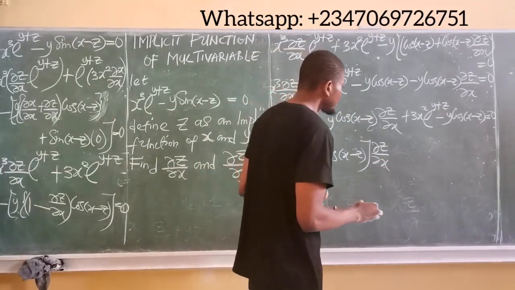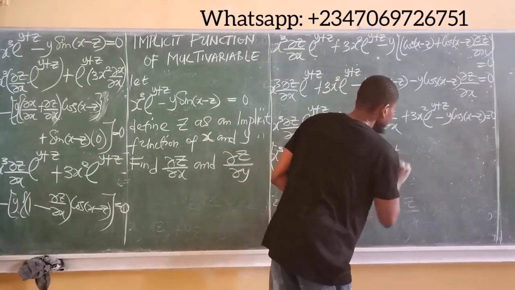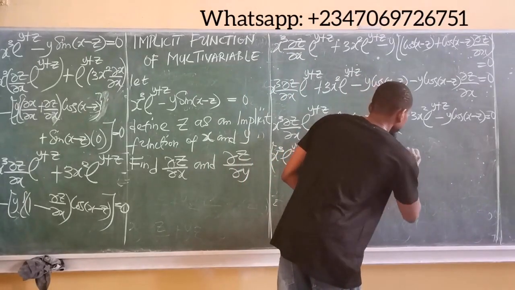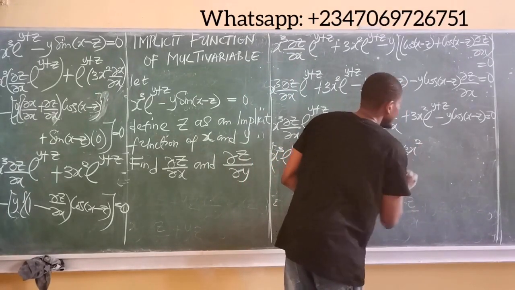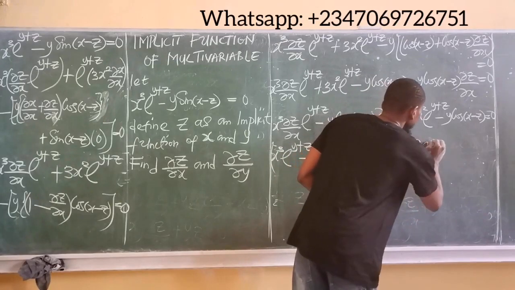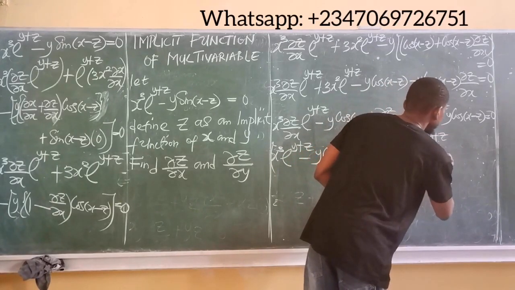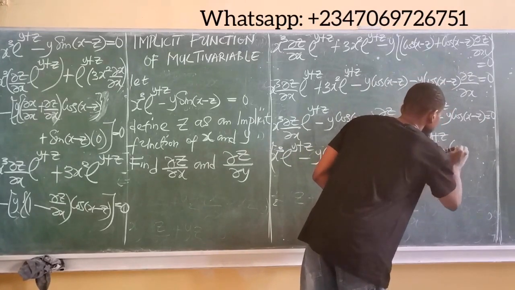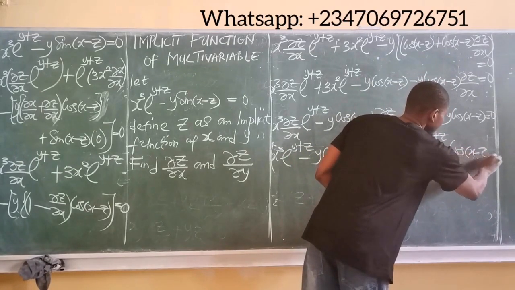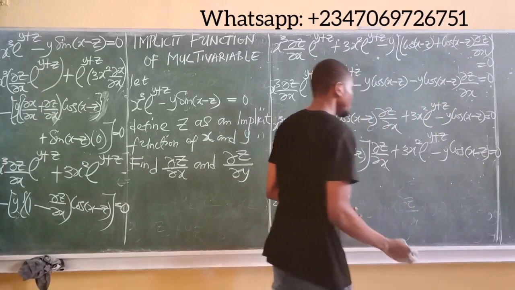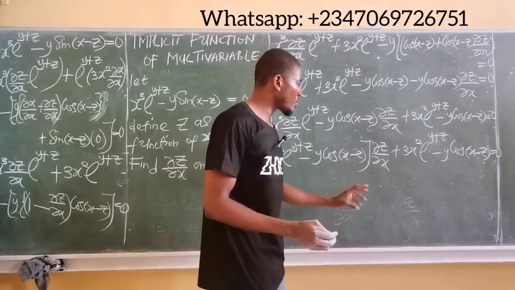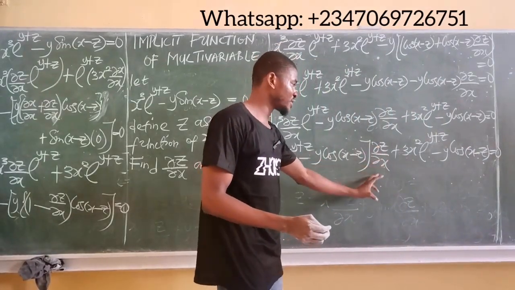Plus 3x squared exponential y plus z minus y cos x minus z, and this is equal to 0. Now, this is what I'm looking for, partial z, partial x.